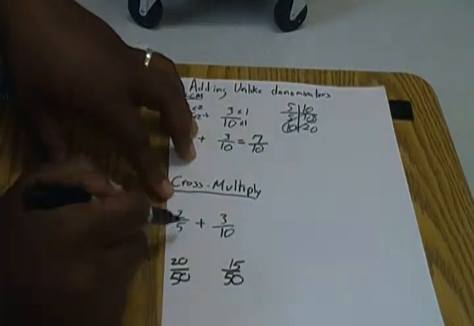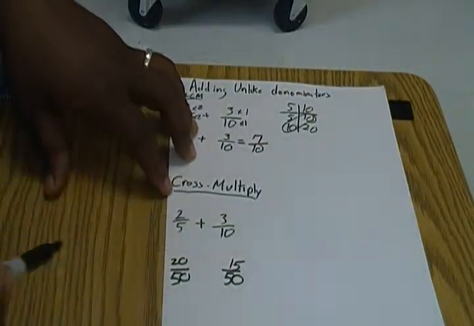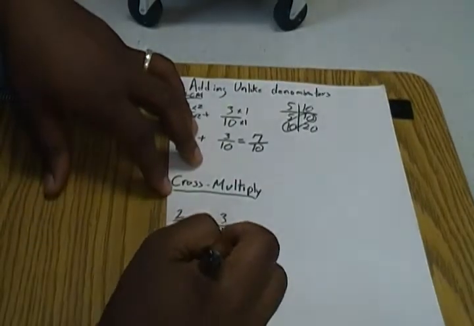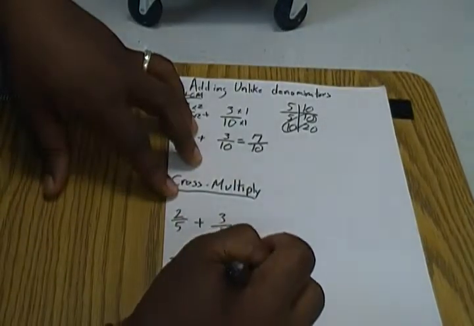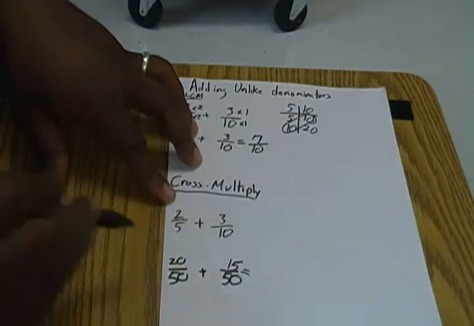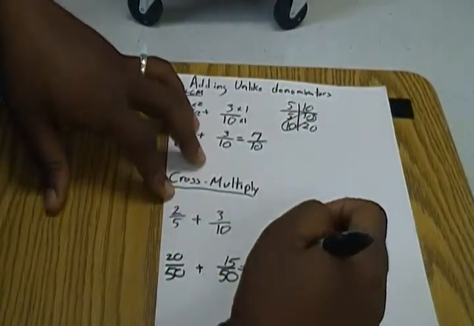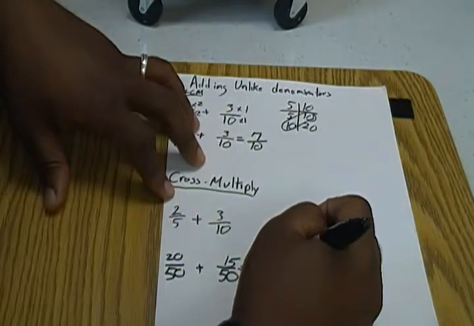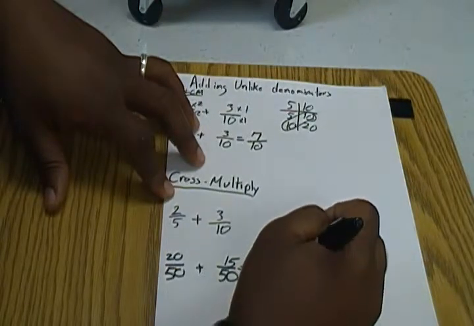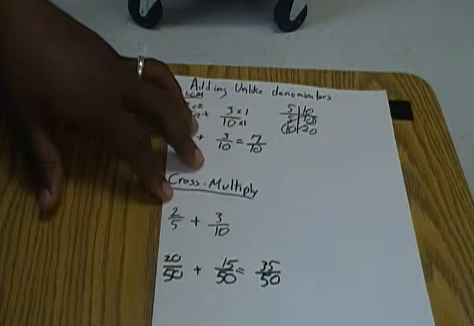And as you can see here, this is just the multipliers. That's just another way of doing it. So when we add them together, 20 50ths plus 15 50ths gives us 35 50ths. Now we don't want to leave it just like that.